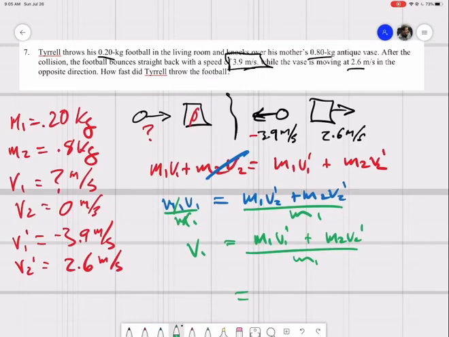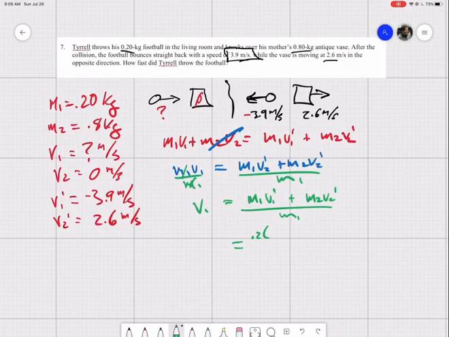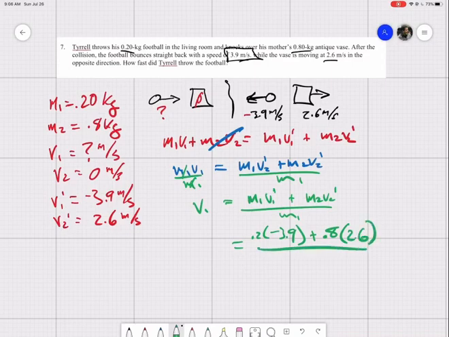All right, so let's plug in our numbers now. So we have 0.2 times our velocity, which was for V1 primed, which was negative 3.9, plus our mass M2, which is 0.8 times 2.6, divided by 0.2 again. So we need to just make sure that all the top is in parentheses when we do our math.